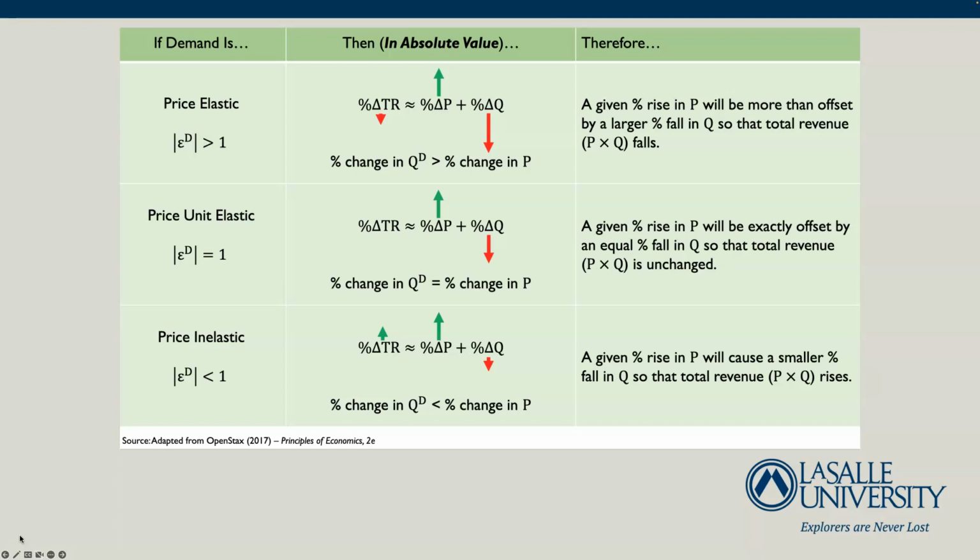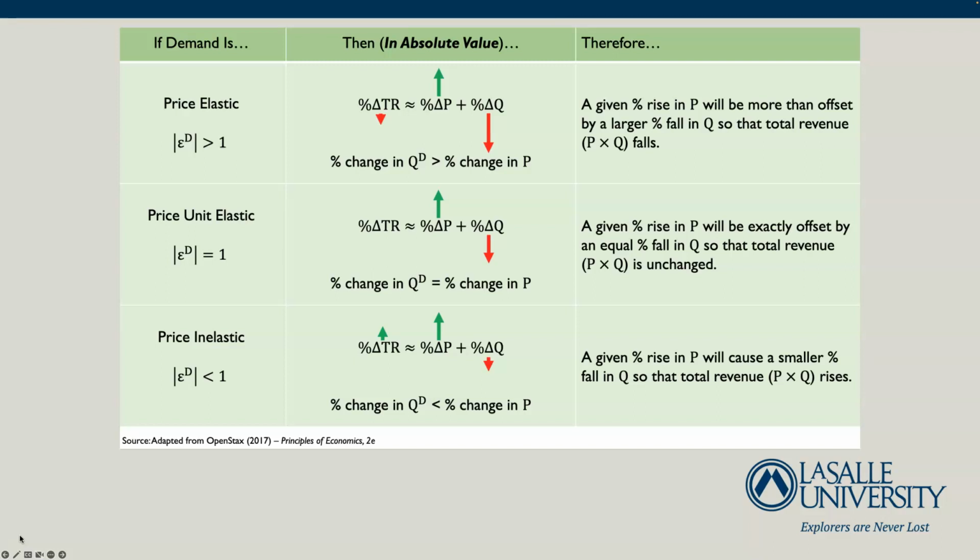That given percentage rise in P is more than offset by a larger percentage fall in Q, and consequently total revenue falls. When demand is price unit elastic, that given percentage rise in P is exactly offset by an equal percentage fall in Q. And in this case, total revenue does not change.